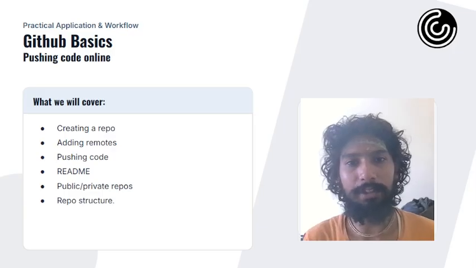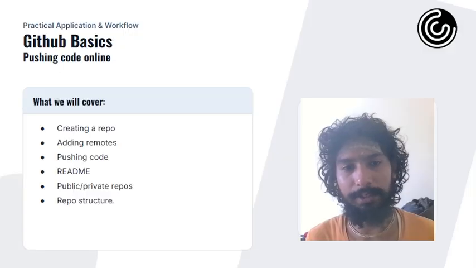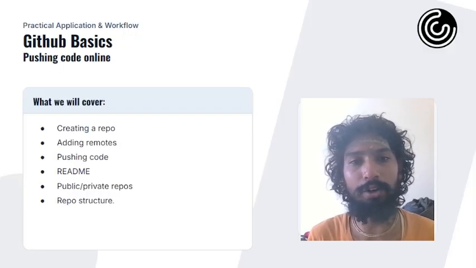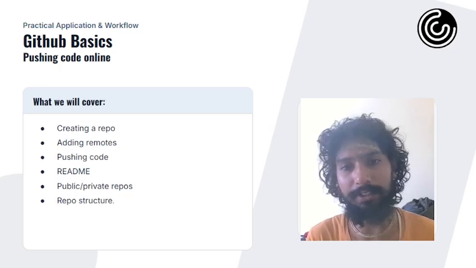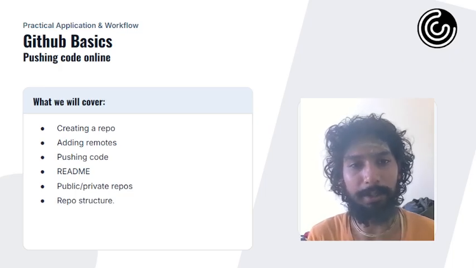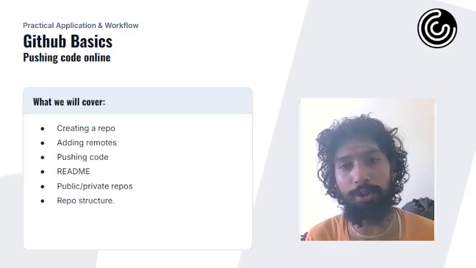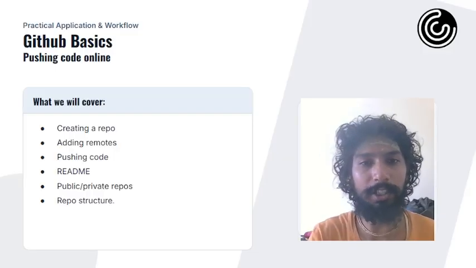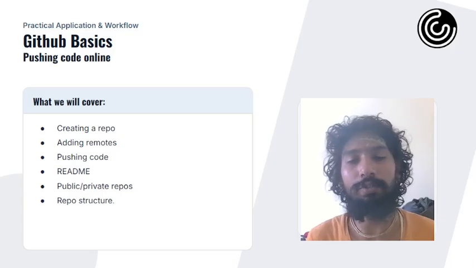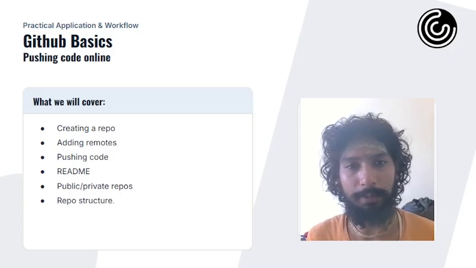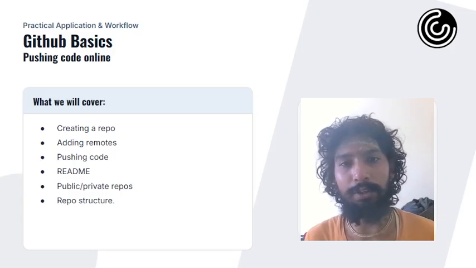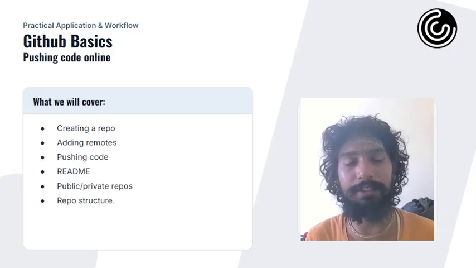Before starting the demo, let us understand one very simple difference. Git and GitHub are not the same. Git is a tool installed on your computer. It tracks changes in your local project. GitHub is an online platform where you upload your Git project. Think of Git like a diary where you save your work step by step. Think of GitHub like a public or private online place where that diary is stored safely and can be shared with others.